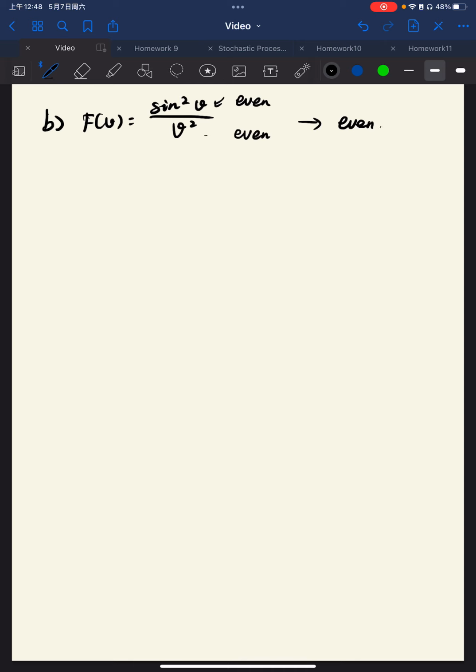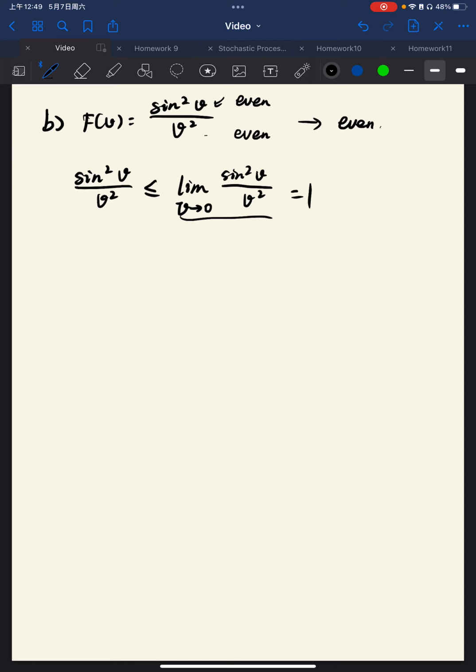And also, it's always less than or equal to its value when v gets close to 0, which is equal to 1.